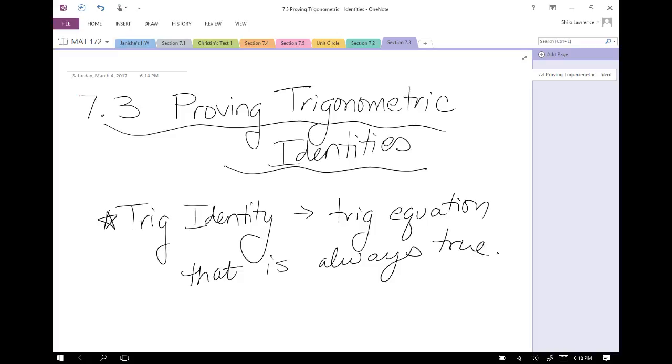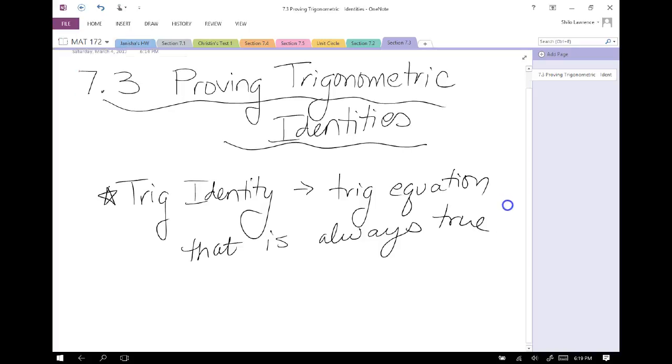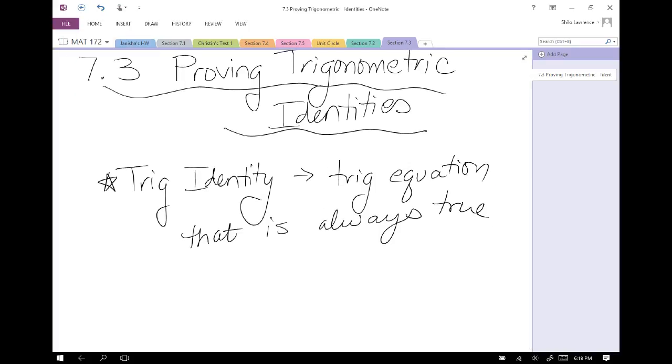But there are tons and tons of trig expressions that have an equivalent way that they can be written. And technically, if I can set one trig expression equal to another one that it's equivalent to, it's considered a trig identity. It's some sort of an equation with trig in it that's always true.